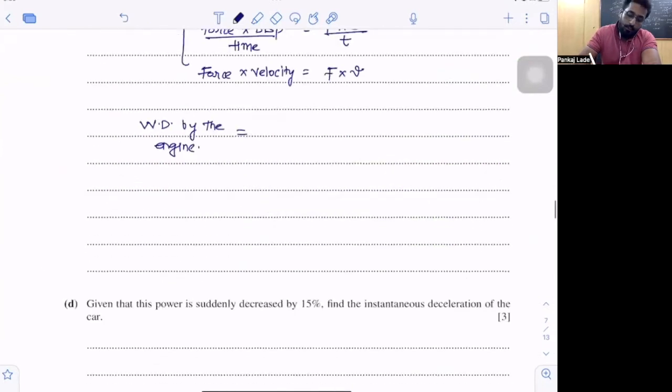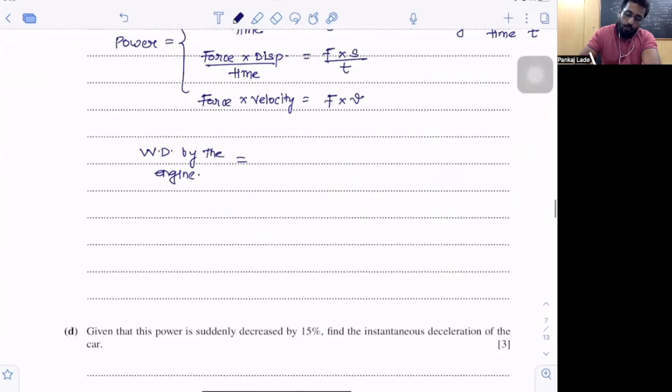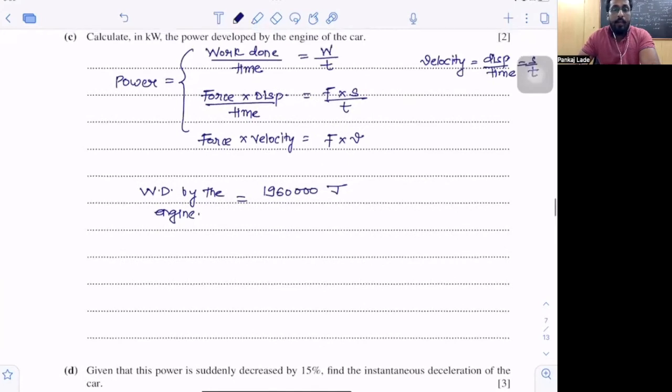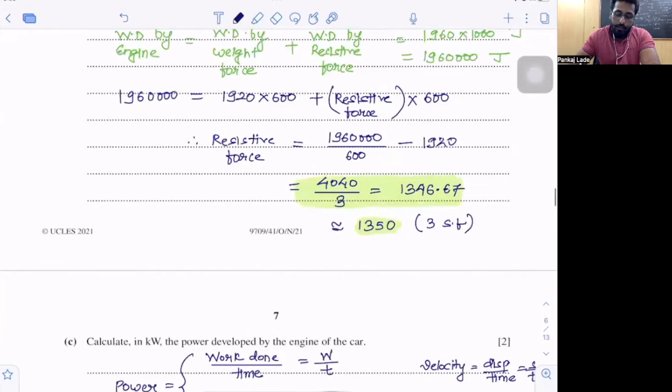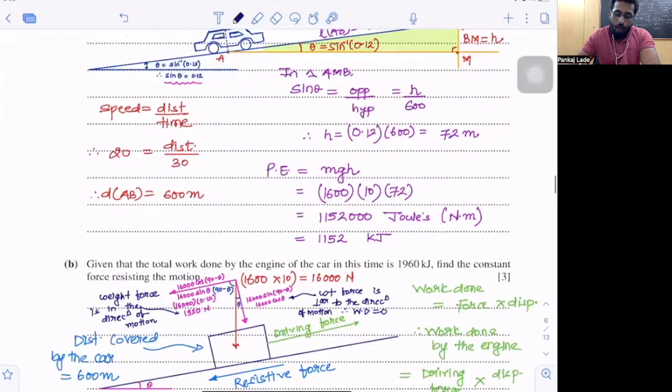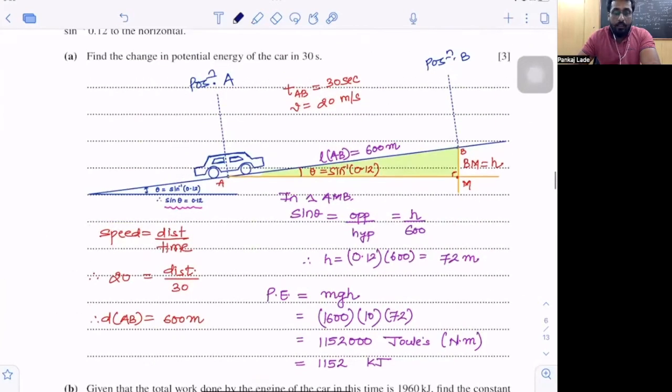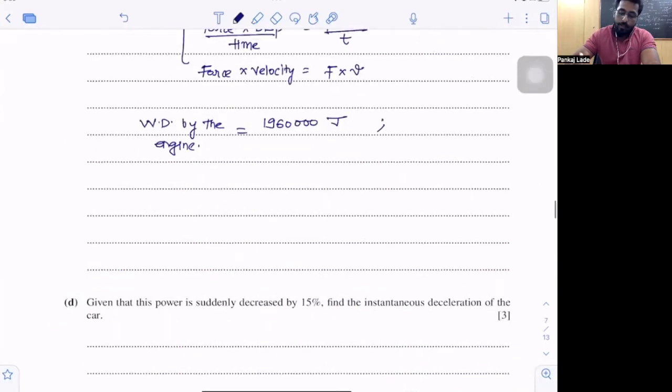So that's 1,960,000 joules. So I have the work done, and for how much time? The time was 30 seconds, right? So I go back here, and time is 30 seconds.